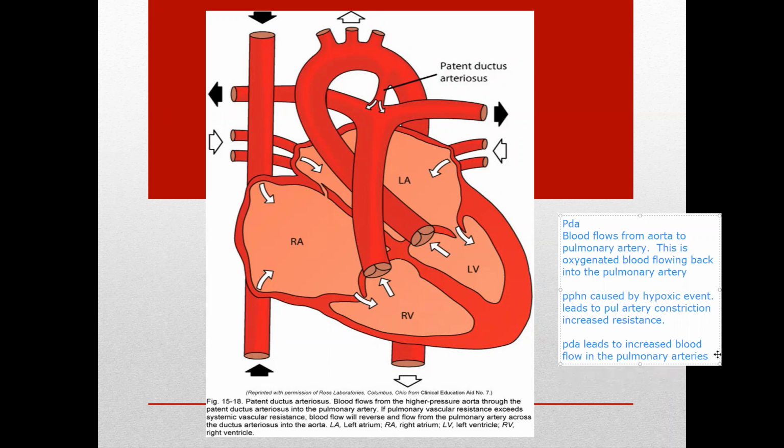So it's just increased resistance because of all the extra blood flowing. But that doesn't mean that the pulmonary arteries are necessarily constricted. Right, that's right. So with PDA, are the pulmonary arteries like patent?